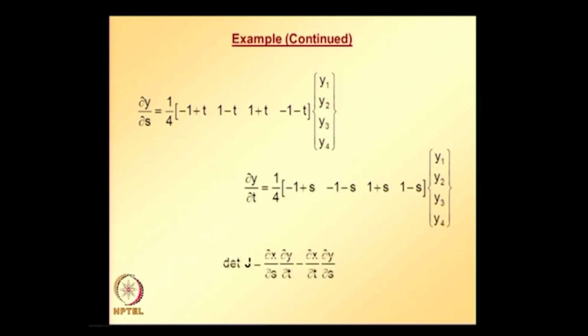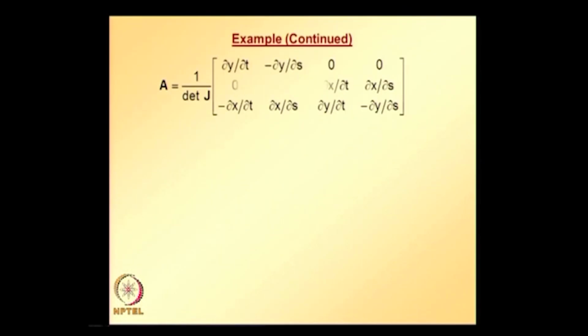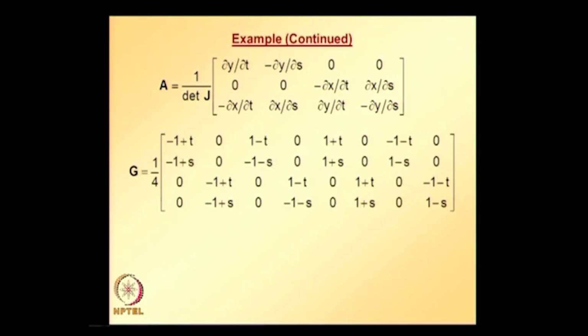After that we can easily find the determinant of J. Once we have the determinant of J, we can calculate the intermediate matrix A required for the strain displacement relation, and one more intermediate matrix is required.